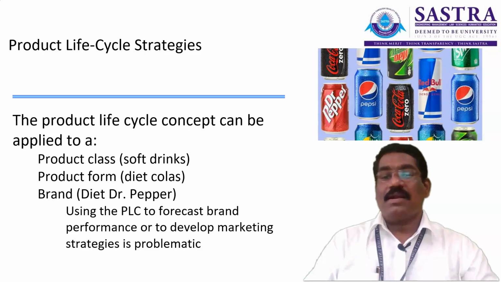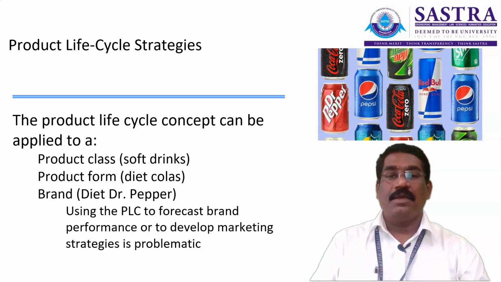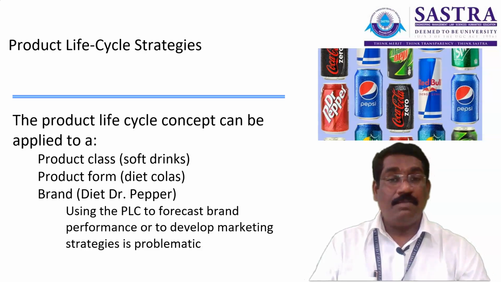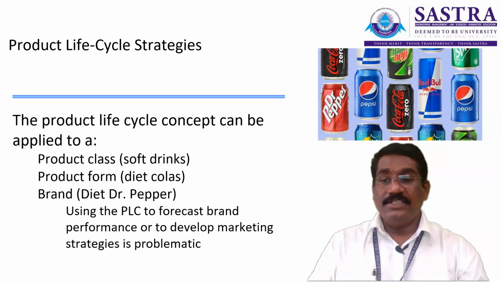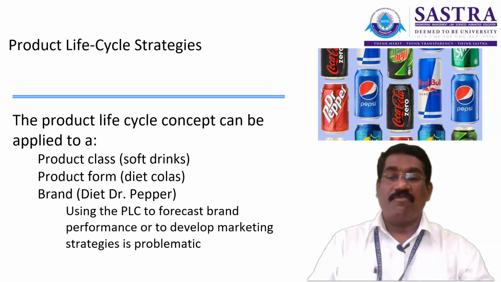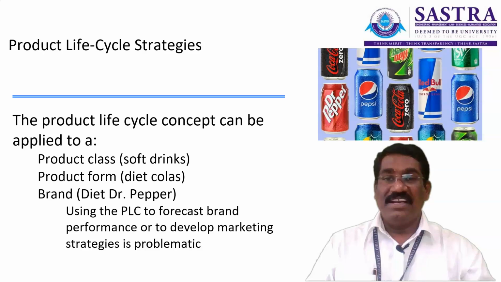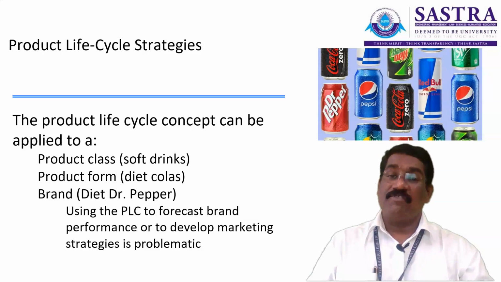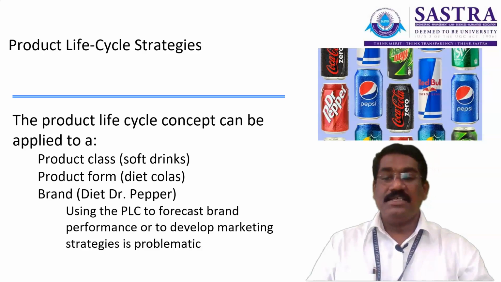This product life cycle concept can be applied to many product categories, like product class. It is applicable to soft drinks. It is, of course, applicable to product forms, and also very much applicable to different brands. Using the PLC to forecast brand performance or to develop marketing strategies is literally problematic.